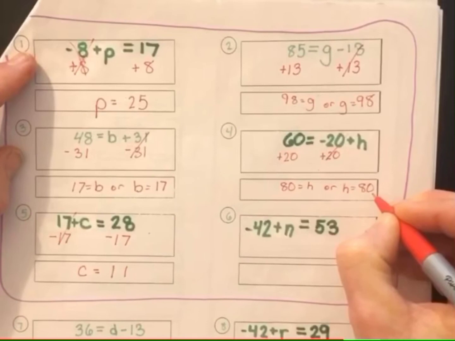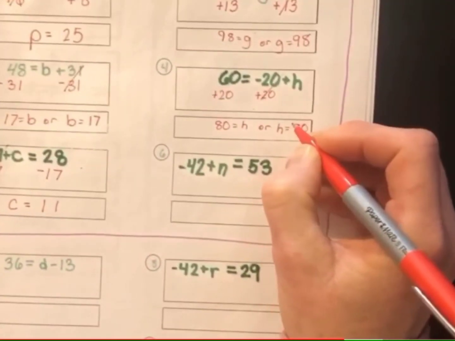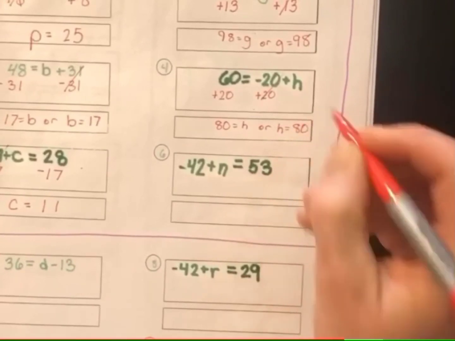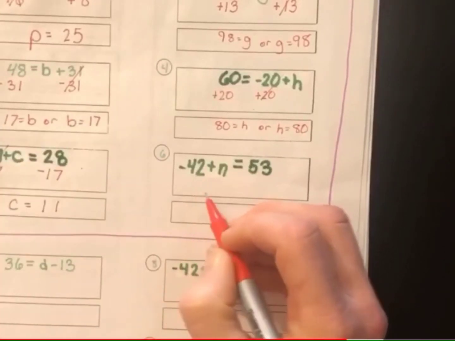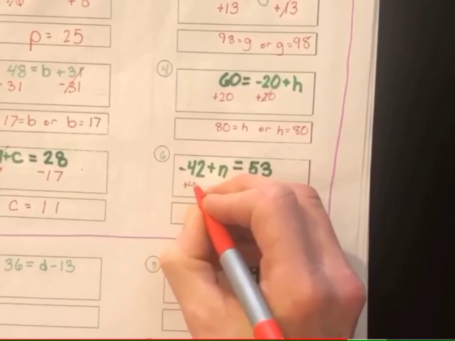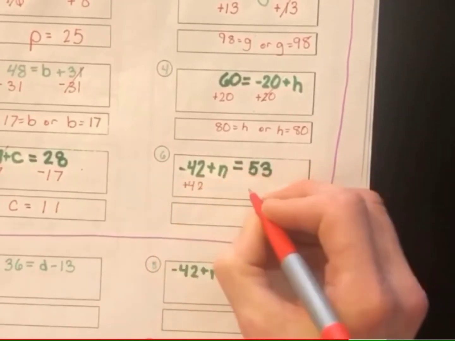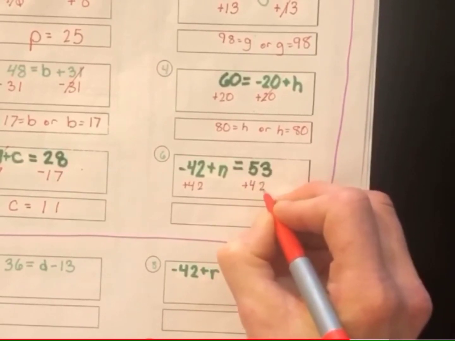On to number 6, our last one together. Negative 42 plus n equals 53. Let's get rid of that negative 42. The opposite of negative 42 is plus 42. We'll add 42 to both sides.